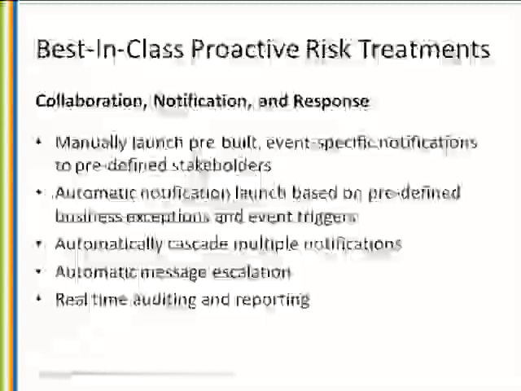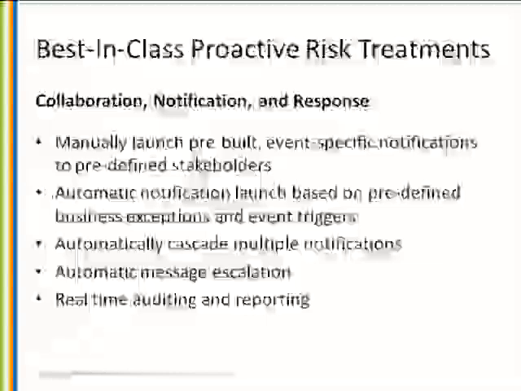Obviously, with regards to proactive risk treatments, being able to communicate up and down the supply chain, both with external partners as well as internally with your employees, is critical.